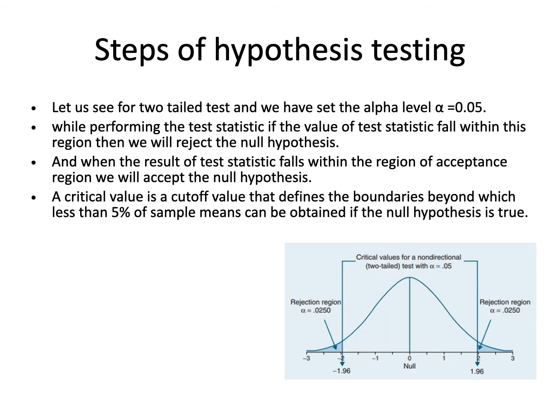Once we set the level of significance, we have to decide which type of test will be applied. You can apply a two-tail test or a one-tail test as described before.